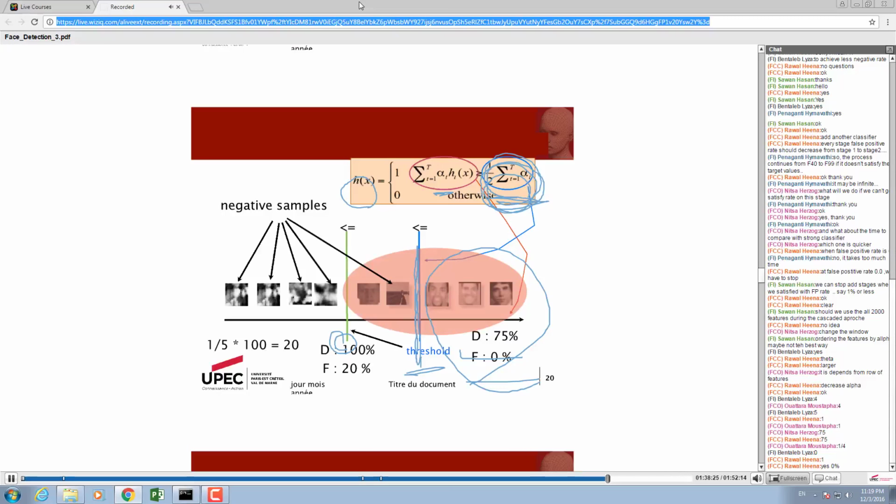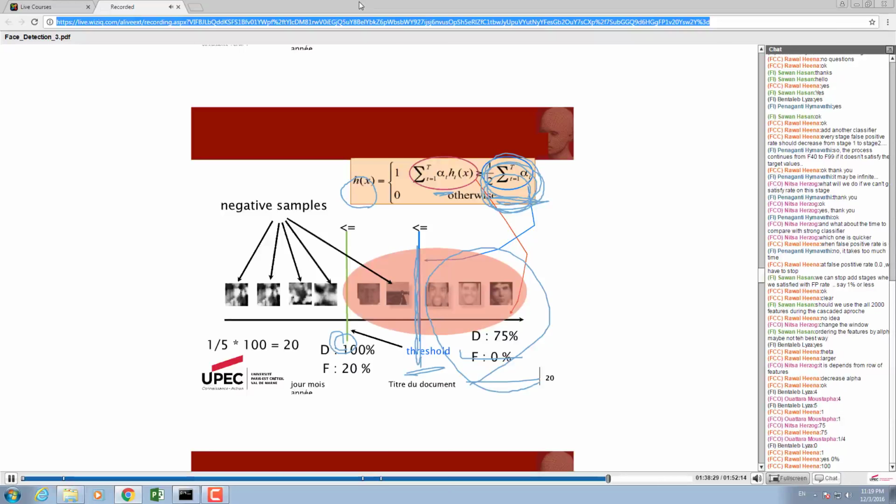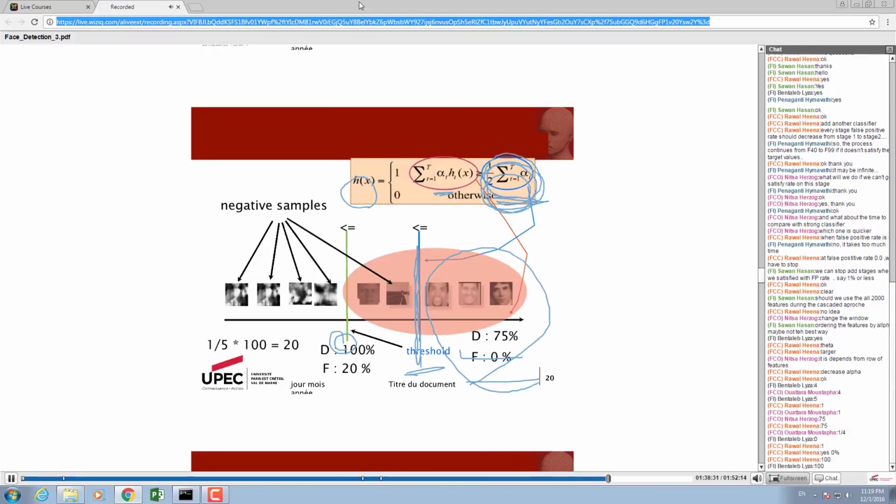Then what is the detection rate? It becomes 100%, because all the face samples are determined as yes. They are all classified as faces. So the detection rate is now satisfied.